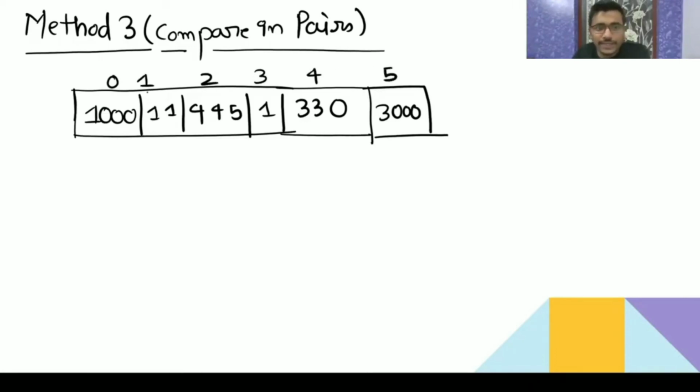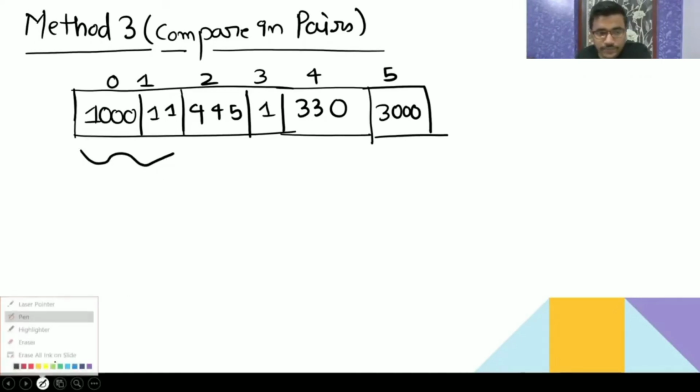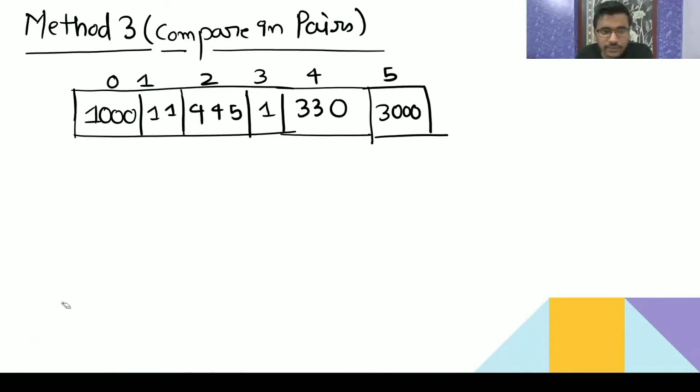Now it is saying that compare in pairs means you have to make pairs and then compare. Here you have how many elements? 6 elements. So when it is an even number, you can compare in pairs.